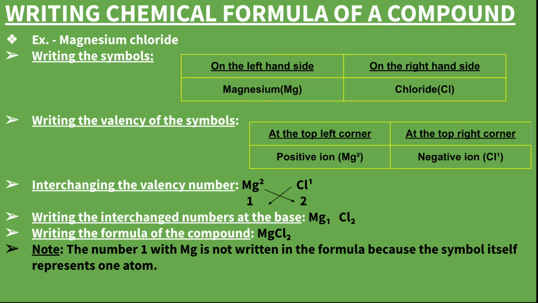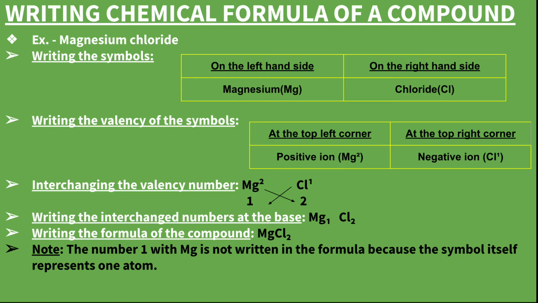Now the valency numbers: for the positive ion, magnesium, 2 is written on the top right-hand corner, and for the negative ion, chlorine, 1, because chlorine has a valency of 1 and magnesium has a valency of 2.